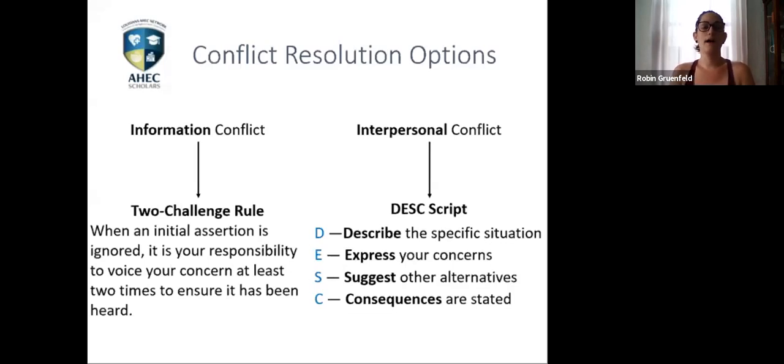And so if the root of the problem seems to be informational, say the doc calls in a script that looks like it might be the wrong dosage. The pharmacist calls and says, doc, is this the dosage that you wanted to call in?